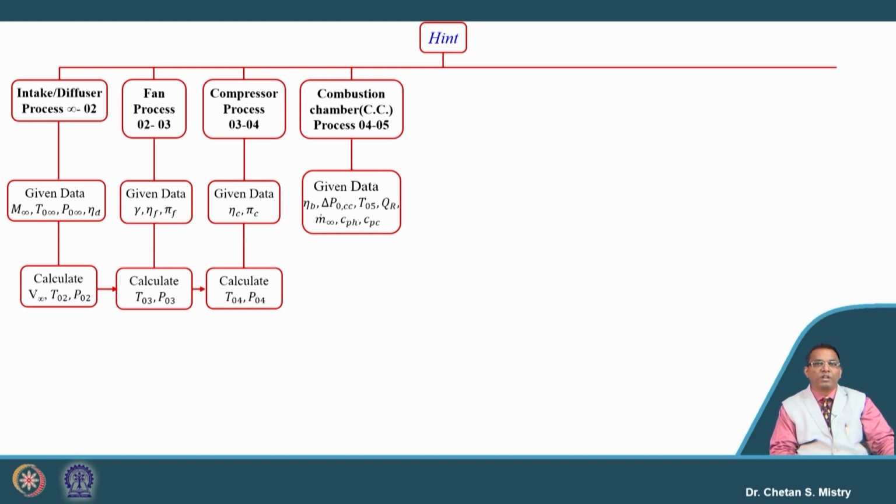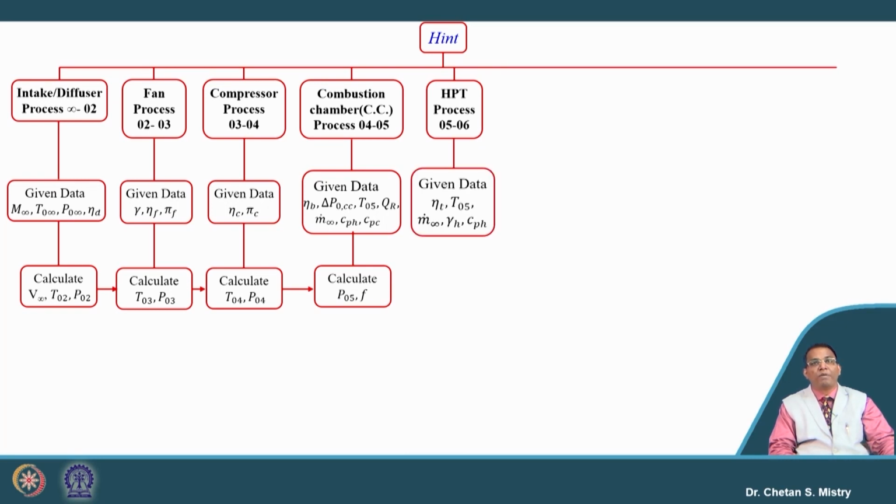For this, the combustion chamber efficiency, total pressure loss, combustion chamber exit temperature, and calorific value are all given to us. So, we can calculate the exit pressure from the combustion chamber and the fuel air ratio. Then we have our component, the HP turbine.